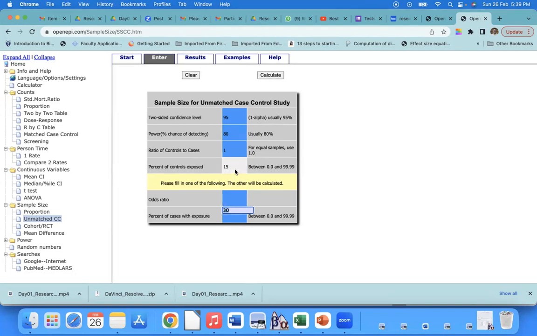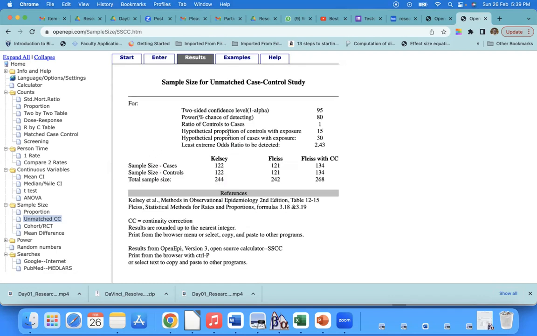Now you click calculate, and for a 95% confidence level, the sample size of cases is 122 and the sample size of controls is 122. We need that because we are studying the exposure rate among cases and comparing it with the exposure rate among controls.